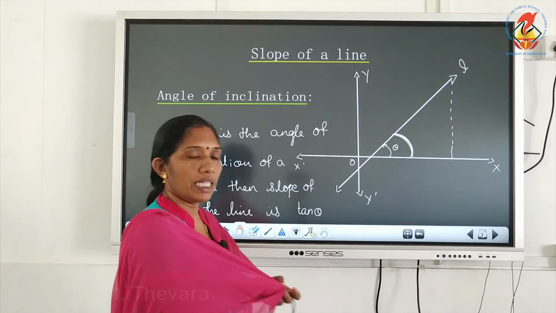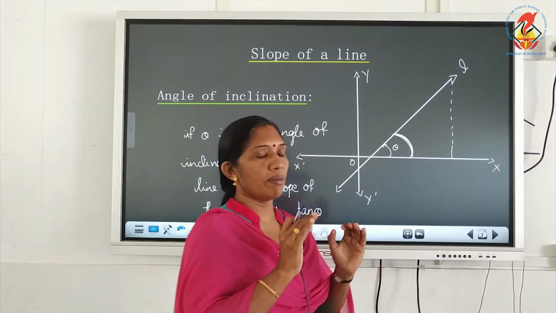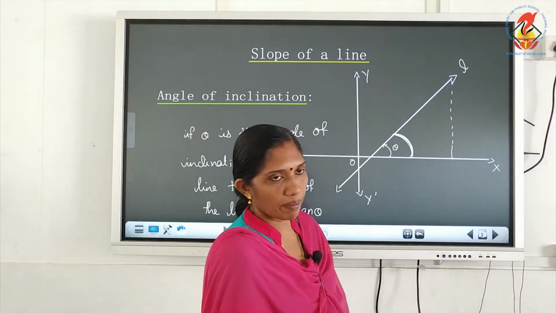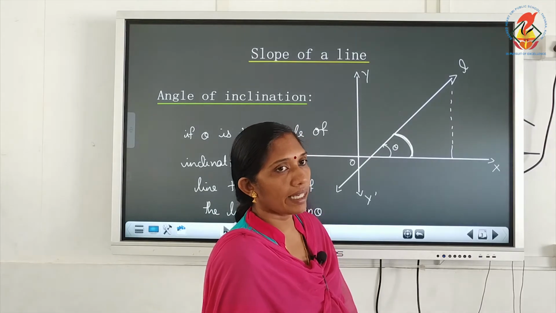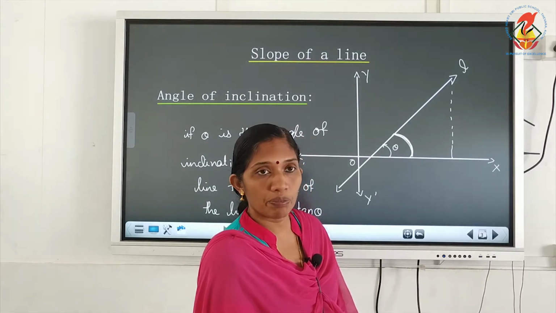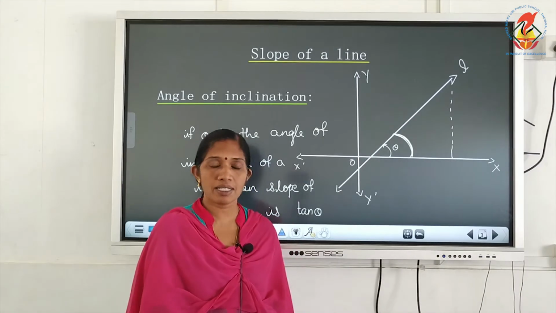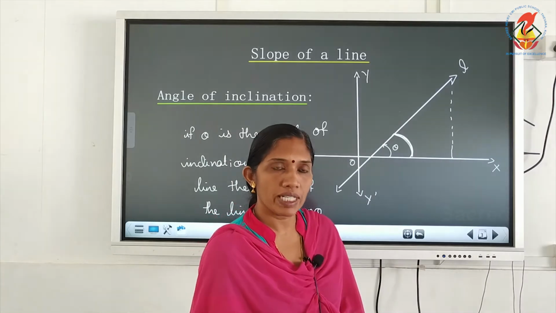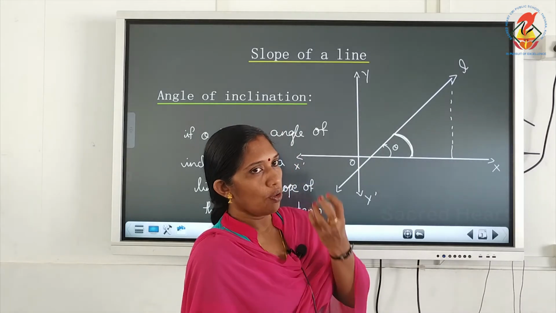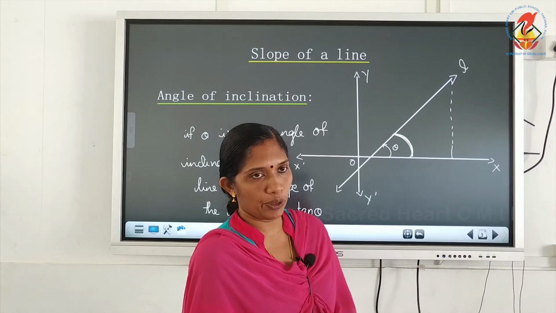So, theta means, you just imagine there is a line in the xy plane. Theta is the angle made by the line with positive direction of x-axis measured in anti-clockwise direction. So, tan of that value.